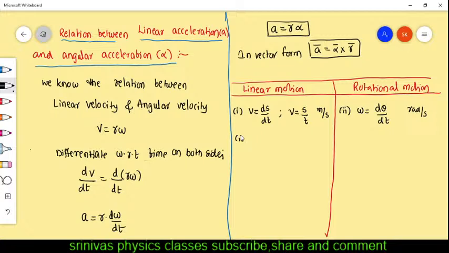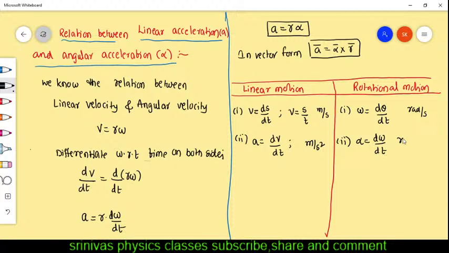And next, the acceleration formula we derived. Acceleration is the rate of change of velocity. Here its unit is meter per second square, which you know already. And in this second point, angular acceleration is the rate of change of angular velocity.